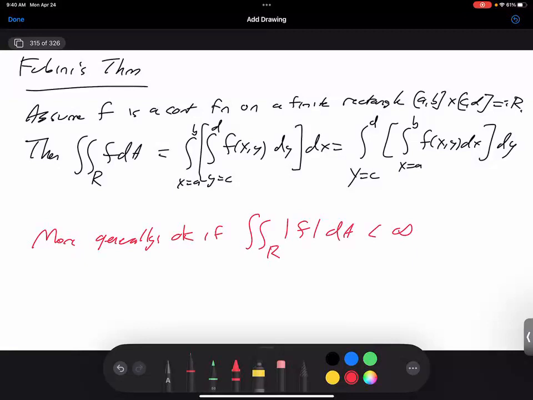So if the volume under the surface, absolute value of f, is finite, then everything is okay. And so it all comes down to the dangers with infinity.